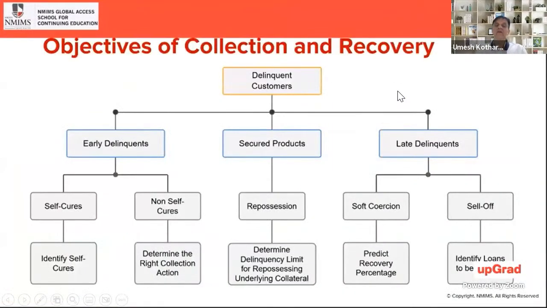They will pass it on to collections and recovery only as a last resort, because it has a cost. This function is usually outsourced to a third party, and with outsourcing, there are bills to be given or invoices to be honored. During the recessionary and financial crisis times of 2008 and so on, the maximum hiring that banks did was in collections and recovery.